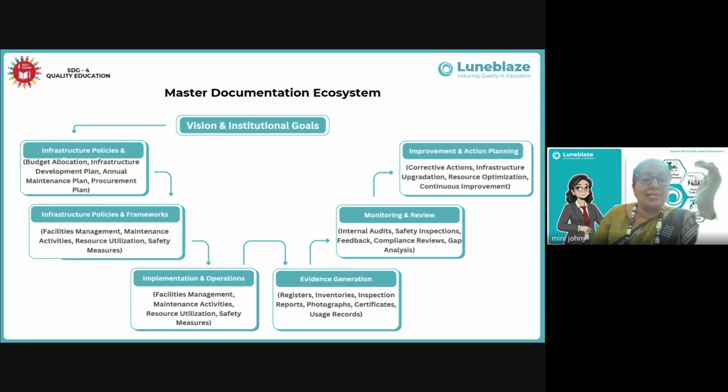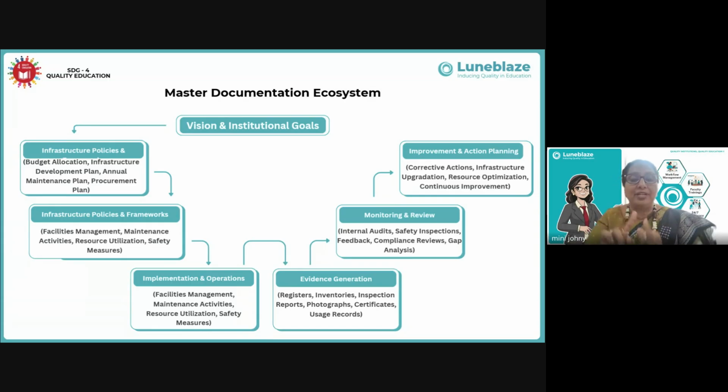Resource utilization. Procurement will provide these resources, and when they come, how do we utilize them? And safety measures. Implementation and operation: facilities management again, maintenance activities again, resource utilization and safety management. Here we will gather evidence, evidence generation.